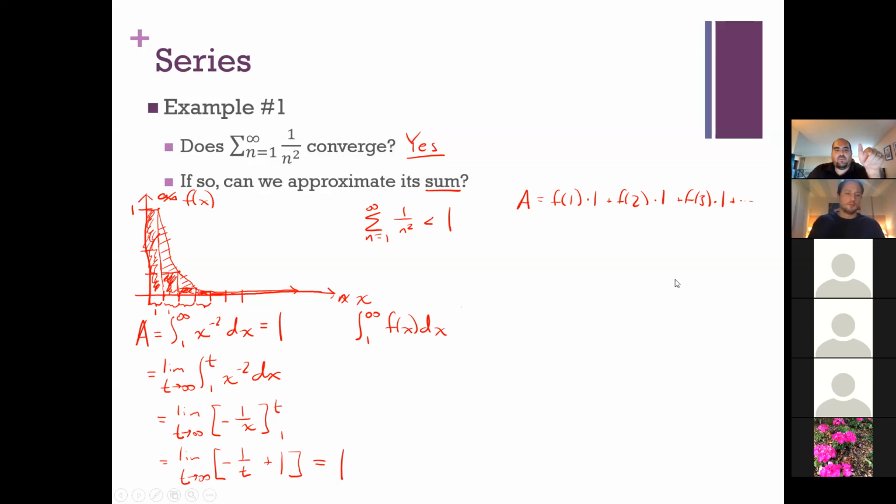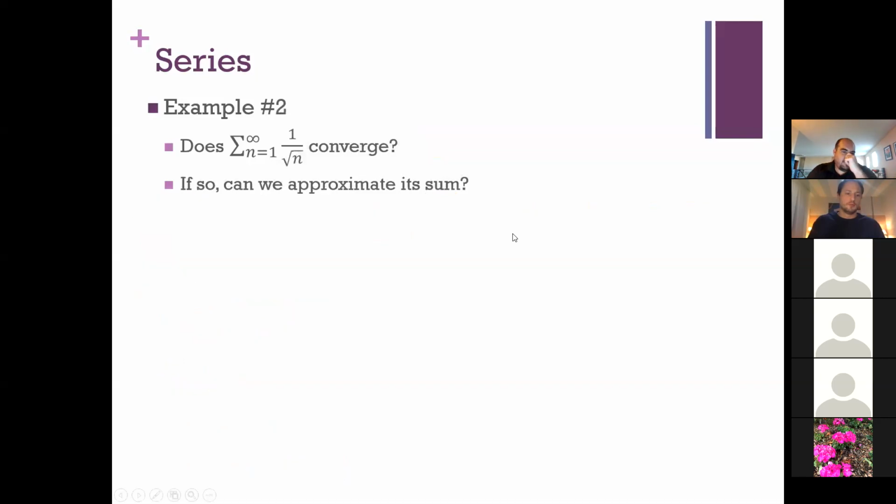So in this case, we're using an integral to justify that the series converges. So let's look at this one now. The series, or the sequence, is 1 over square root of n. Maybe we haven't talked about this one before, but does this one converge?